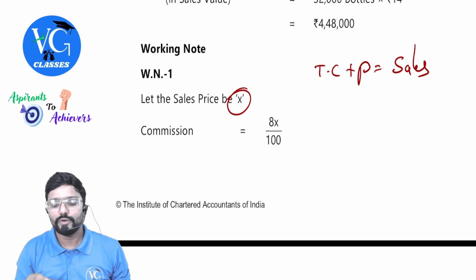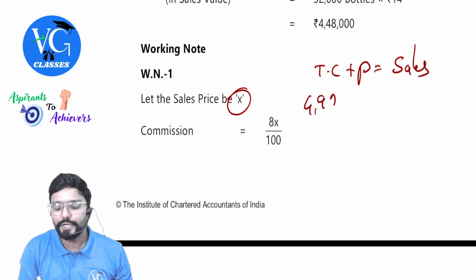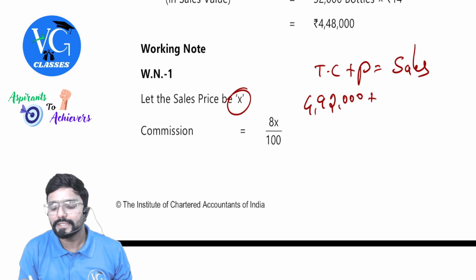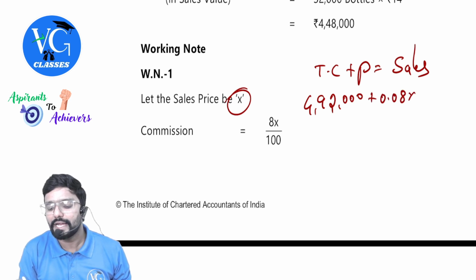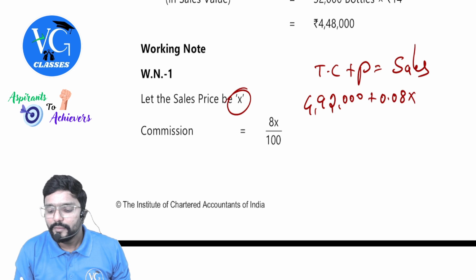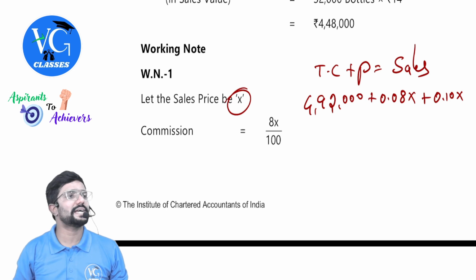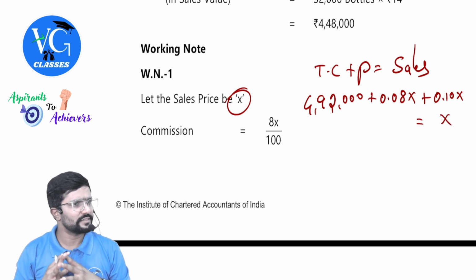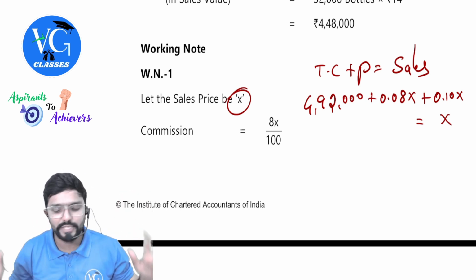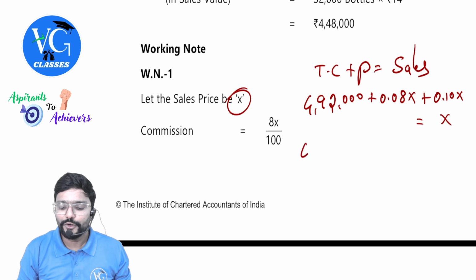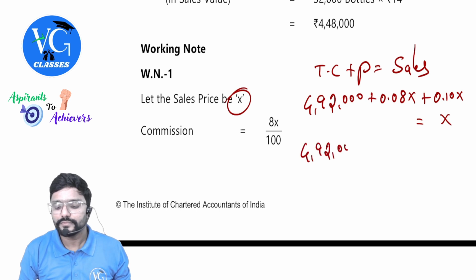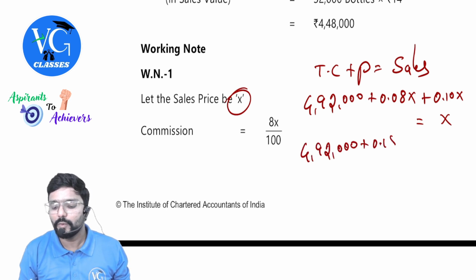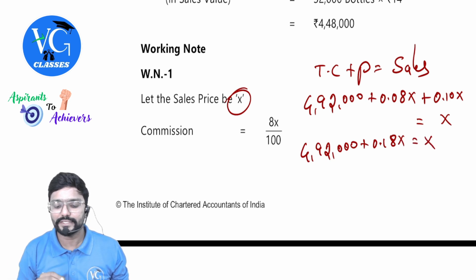Total cost is 4,92,000 plus 0.08x, plus profit 0.10x, is equal to X, total sales, not selling price. Now, 4,92,000 plus 0.18x is equal to x.